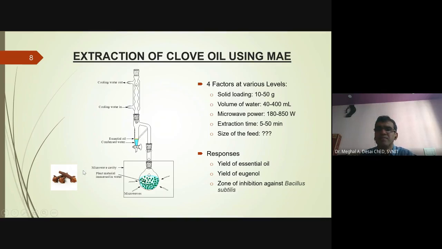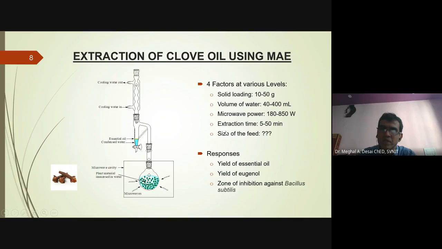Over here we were able to identify four factors: solid loading, amount of water, power of microwave and extraction time. Here, with the ranges 10 to 50 gram or 40 to 400 ml, and so forth, we were able to identify these, and we decided that we'll go for the optimization of these responses.